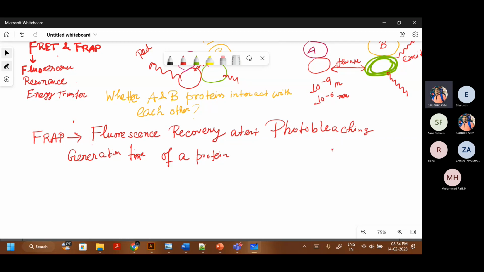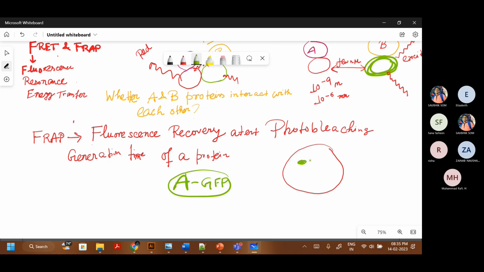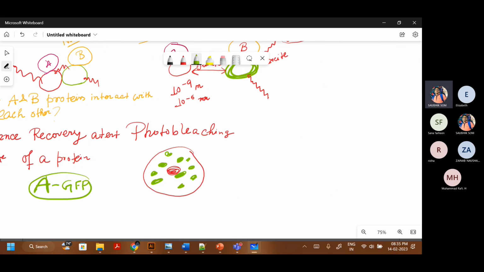Again think of a cell, and inside the cell you have protein A tagged with, say, GFP, green fluorescent protein. So you will have this same protein forming puncta here. If I just make a nucleus here, you have this protein forming puncta everywhere. Now what you do is a photobleaching step, correct.